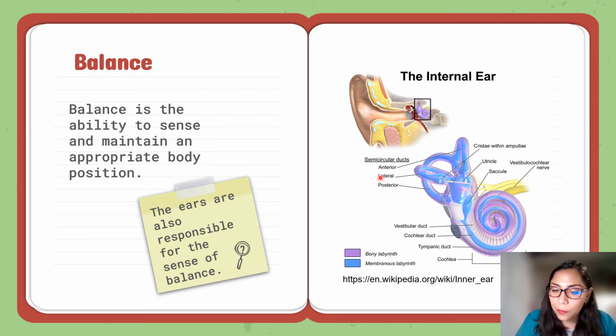In this part, the semicircular ducts, there is a liquid. That liquid moves when we move. And this is because sometimes when we move a lot, for instance, in a bus, we lose the balance and we get sick. Yes? So remember, the ears are also responsible for the sense of balance and the hearing sense. Let's continue.